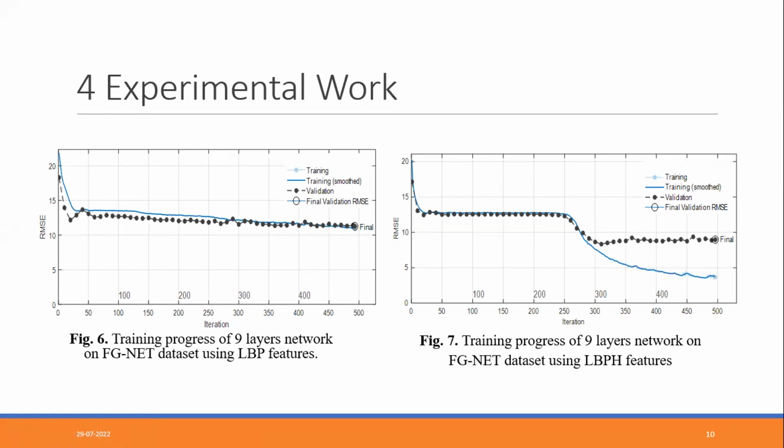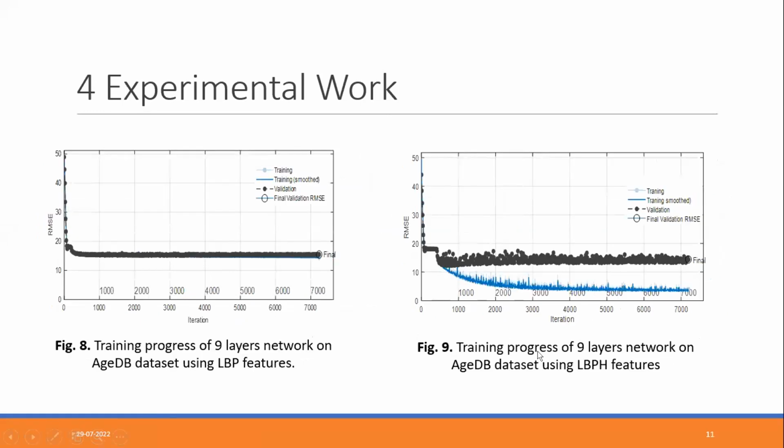The second experiment I have done is on the ASDB network using the same features. One, I have considered LBP, local binary pattern, and second, I have used LBPH, local binary pattern histogram. For the case of LBP, I'm getting a mean absolute error of somewhere 12.5 something.